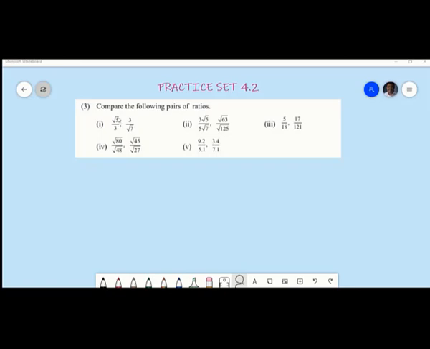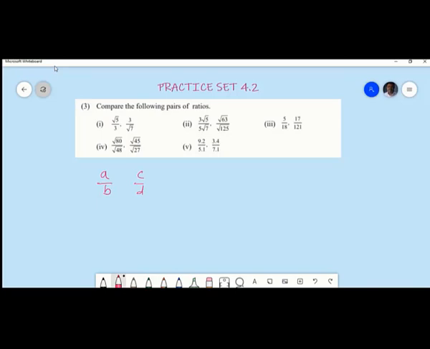There are two ratios, A upon B and C upon D. There are three properties for the ratios. This is the first property.